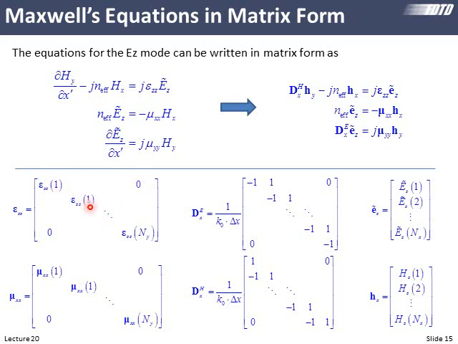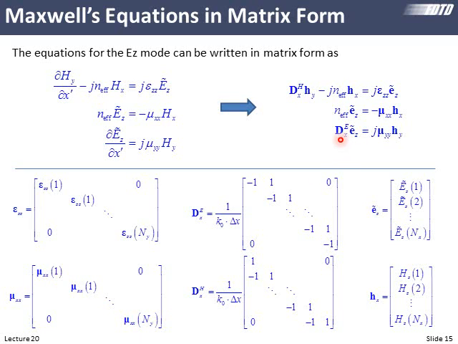So just numbers going down the diagonal, but these are reshaped to a one-dimensional array that are the permittivities throughout the entire grid, but then stuck into the diagonal of a matrix. And we do the same things for the permeabilities if we have those. We reshape these from whatever dimension grid we have to a one-dimensional array, and then stick that one-dimensional array down the diagonal of a matrix.